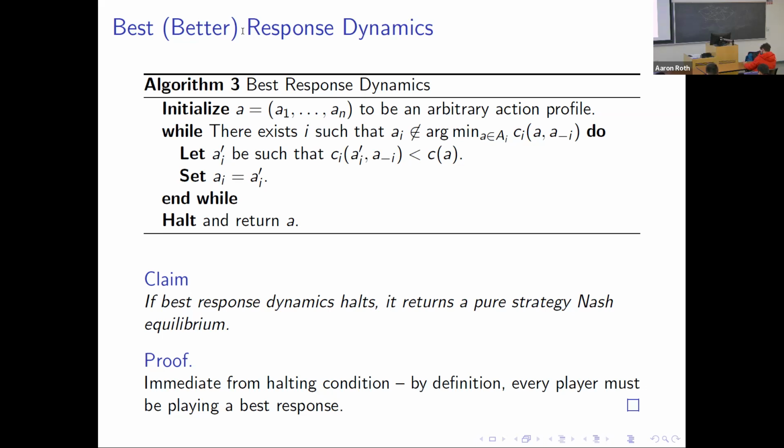And we want to argue that that potential function can only go down as iterations of best response dynamics progress. An implication of that is that we can't get back to the same game state twice, because a potential function maps game states to numbers. If the number is only going down and we get back to the same game state, it must have at some point gone back up. And if we prove it can only go down, that can't happen. So that's the high-level proof strategy.